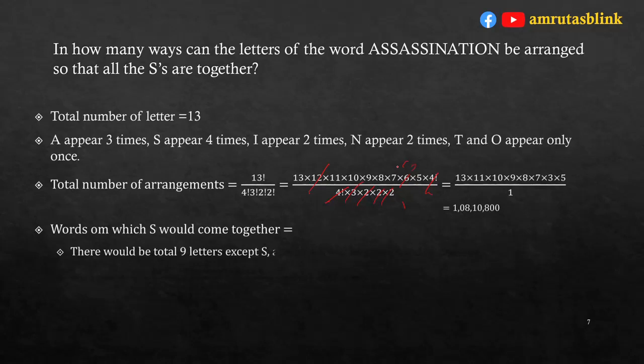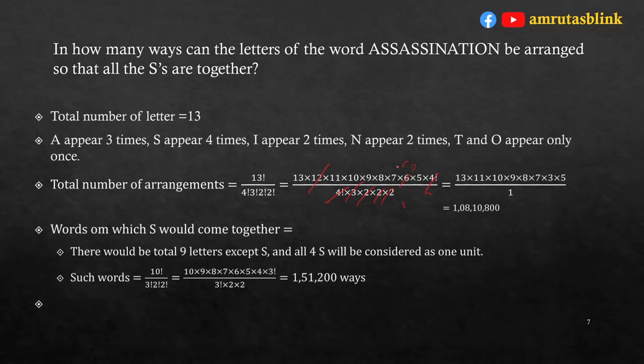Now we need to calculate the words in which all the S are coming together. So how many times S is repeating? So S is repeated 4 times. So out of these 13 letters in this word, there are 9 other letters and S has appeared 4 times. So now what we will do is we will consider all these 4 as one unit. So number of words would be 10 factorial upon, now again for the repetition, we need to consider A has appeared 3 times, N is twice and I is also twice.